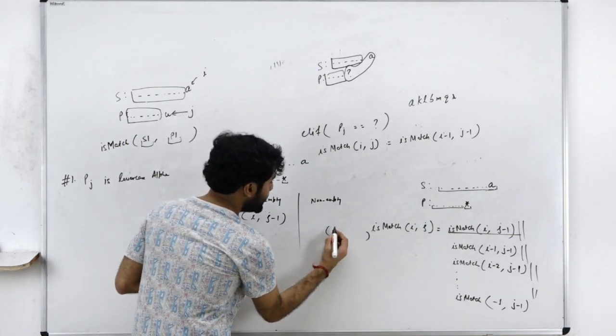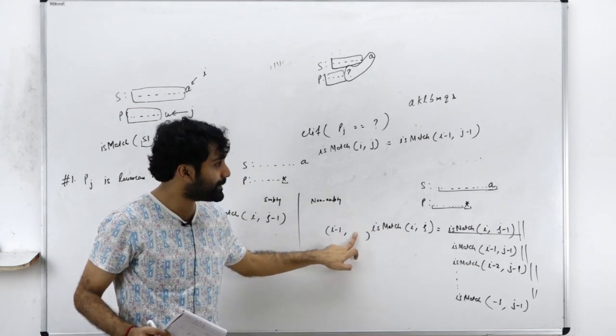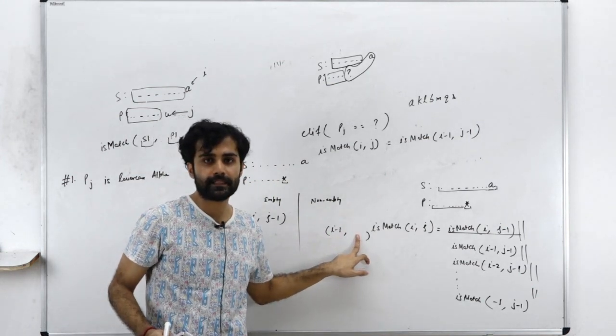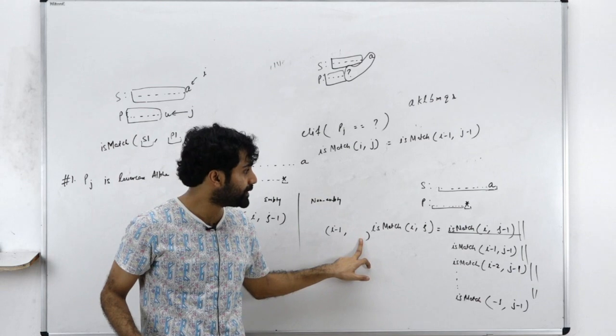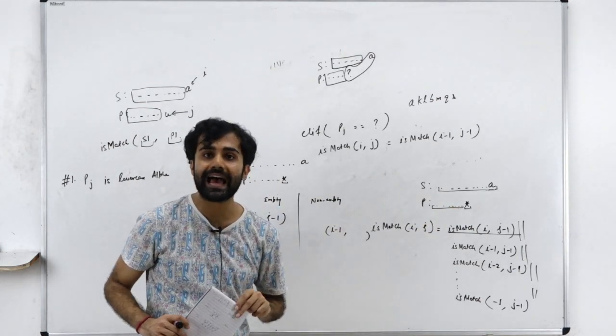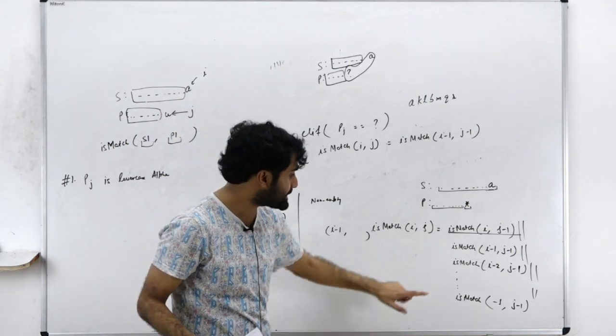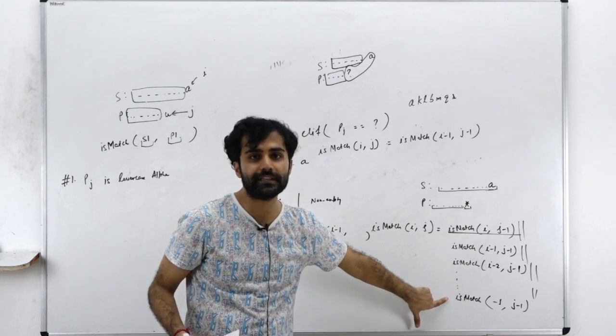In that case, I will decrement this i by 1 unit. But now tell me, should I also decrement my j by 1 unit? The answer is no. Because if you decrement your j as well by 1 unit, then you would never be able to consider cases like this, and everything below it.